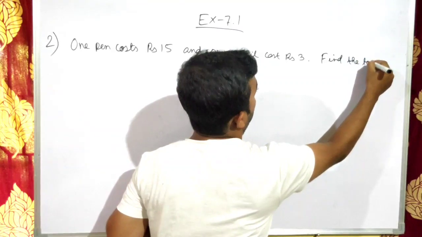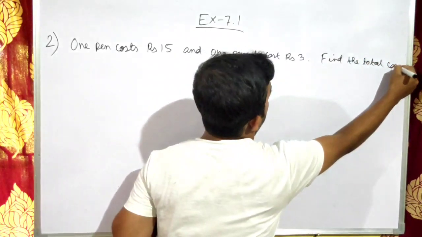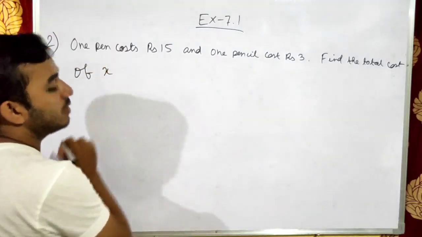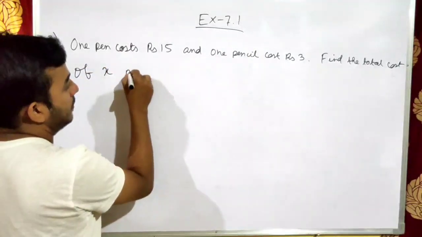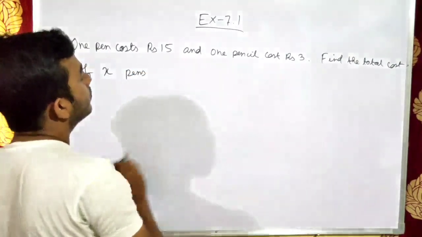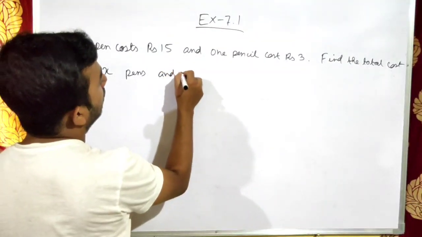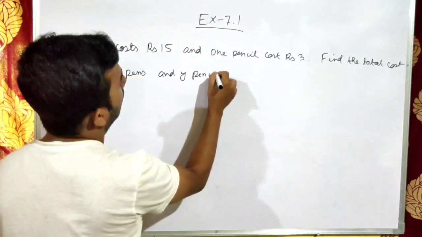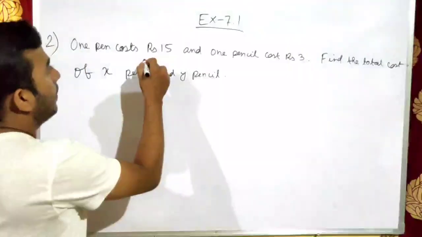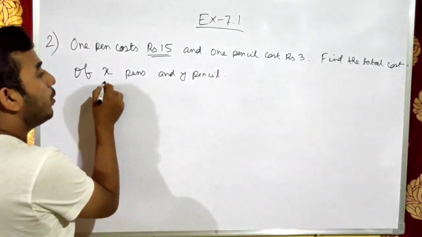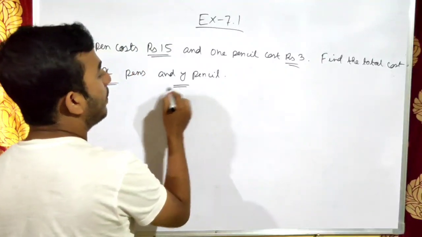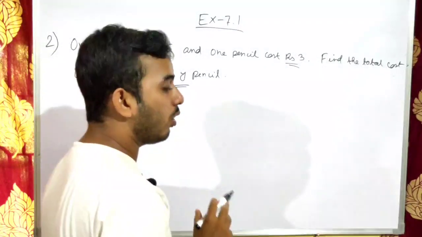Find the total cost of X pens and Y pencils. Okay, here the cost of a pen is given as rupees 15 and we have to buy X number of pens, and the cost of a pencil is given as rupees 3 and we have to buy Y number of pencils. Look how to find the cost of both of them.